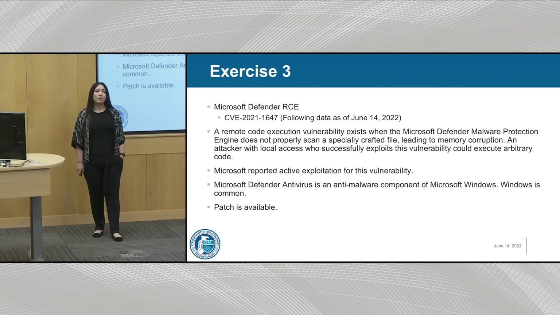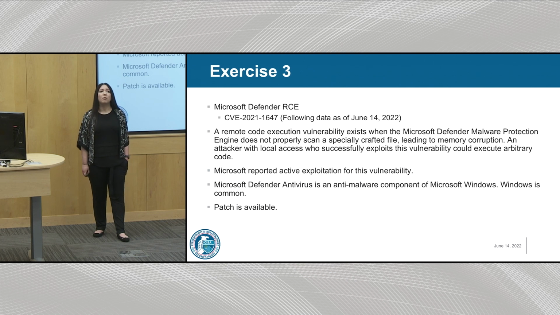For the last exercise, you're looking at a vulnerability in Microsoft Defender under CVE-ID 2021-1647. A remote code execution vulnerability exists when the Microsoft Defender malware protection engine does not properly scan a specially crafted file, leading to memory corruption.